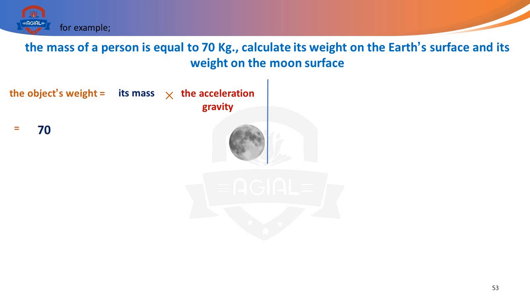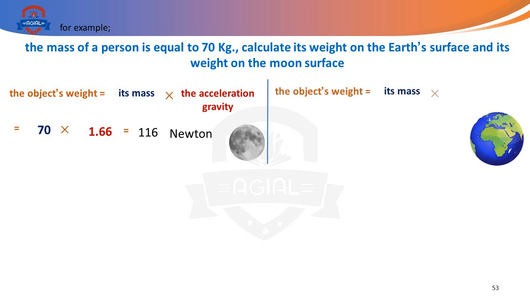In this case, we have 70 kilograms times the acceleration of gravity on the Moon, which equals 1.6, and it will equal 116 Newton. In case of the object's weight on the Earth, it will equal the mass, which equals 70, times the acceleration of gravity of the Earth, which equals 10. And it will equal 700 Newton.